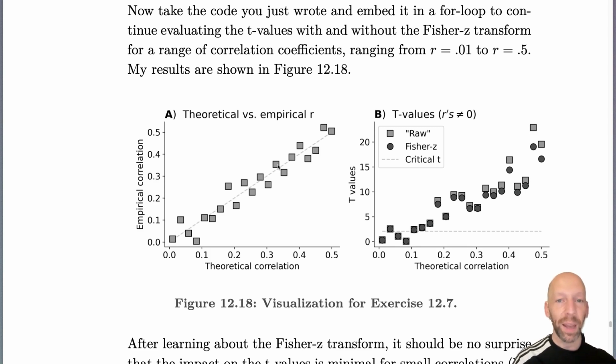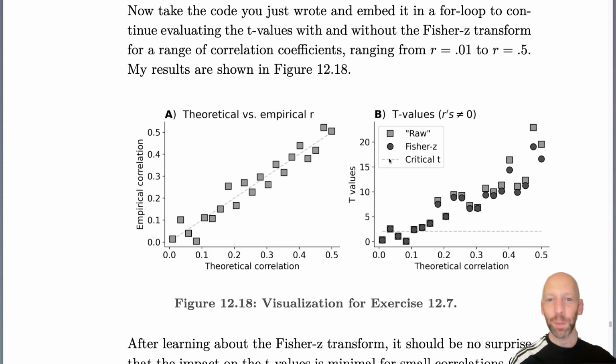This panel here, this plot, is basically just showing that the empirical sample correlations are a pretty good match to the theoretical correlation, which confirms, number one, that the formula is correct, and number two, that your code is accurate. And again, as I mentioned, you're never going to get a perfect match as long as you have a finite sample, especially a relatively small sample like n equals 30.